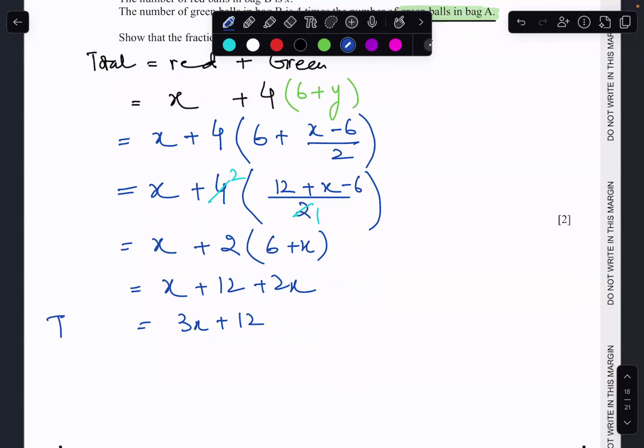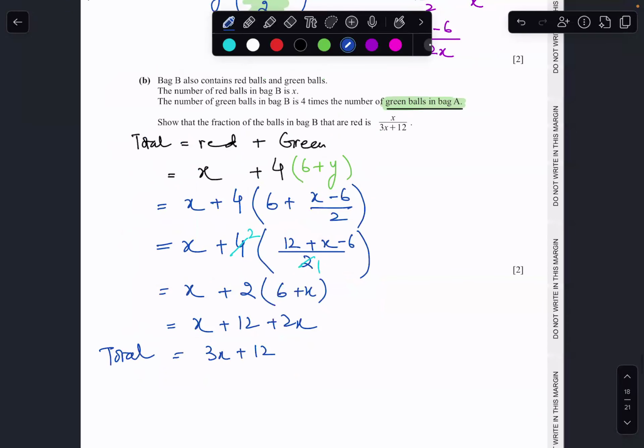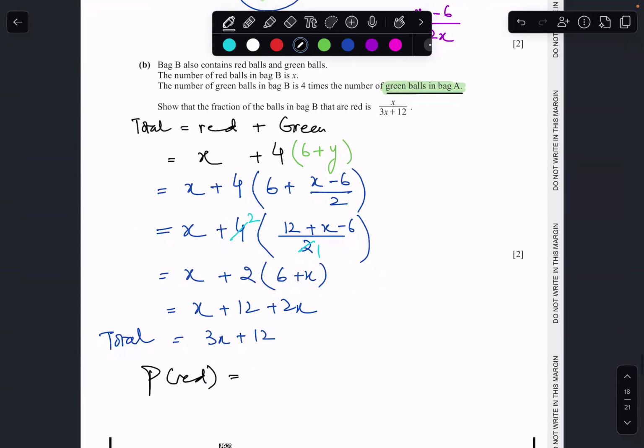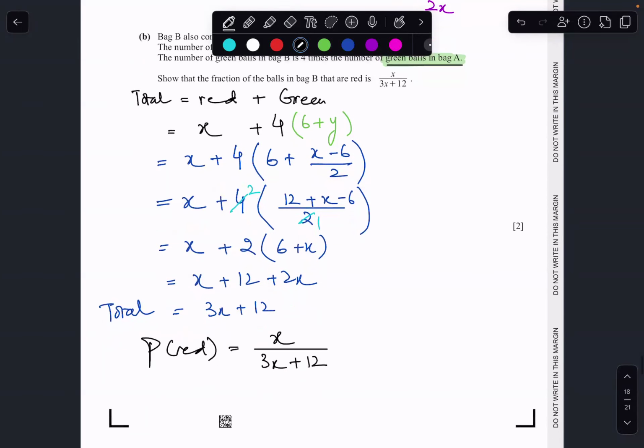The total is 3X plus 12. Right? Now, what is the fraction of balls in bag B that are red? So again, we can refer to the probability. Probability of red from bag B will be X over the total, which is 3X plus 12. Is that clear?